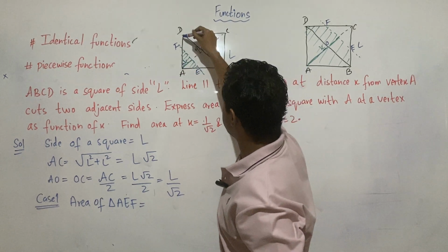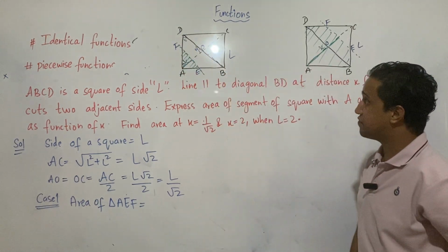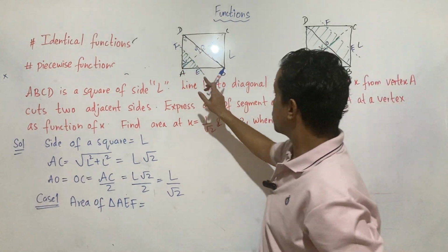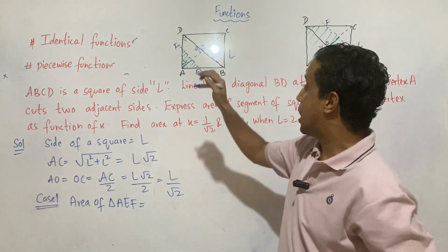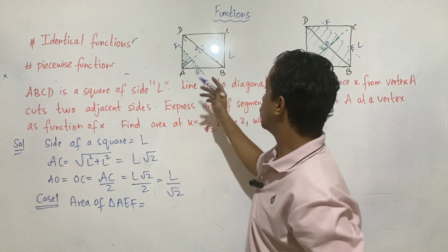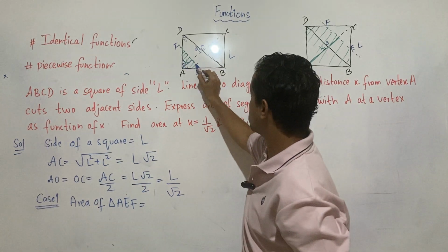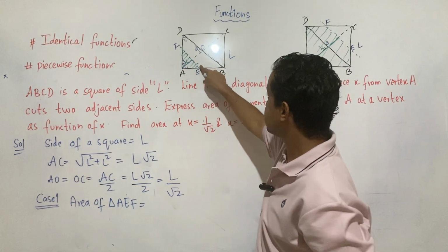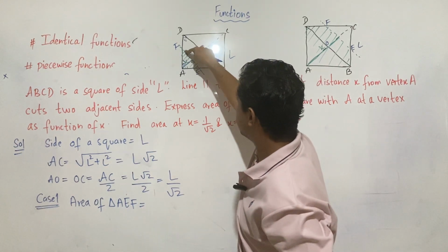And this is 90 degree too, means it is 45 degree too. If that happens, this is also 45, so it's going to be a right angle isosceles triangle. So this side is going to be equal to this side, and this side, according to the symmetry, is going to be same as this side.